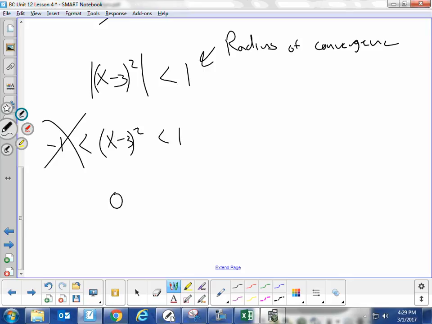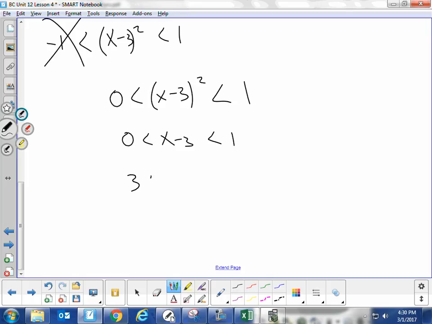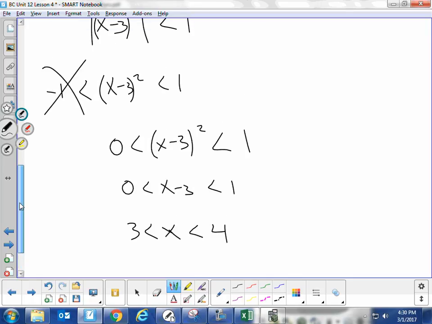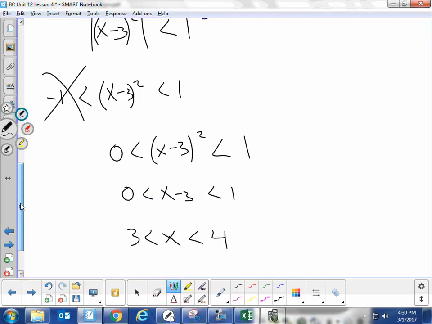We would just start at 0 and see what happens at 0, and then we'd go to 1. My fault for not doing that the first time. And then I could square root both sides, and it's not going to change things. Add 3 to both sides, and have x between 3 and 4. Okay, so because (x minus 3) squared can't be negative, we're just going to look between 3 and 4.